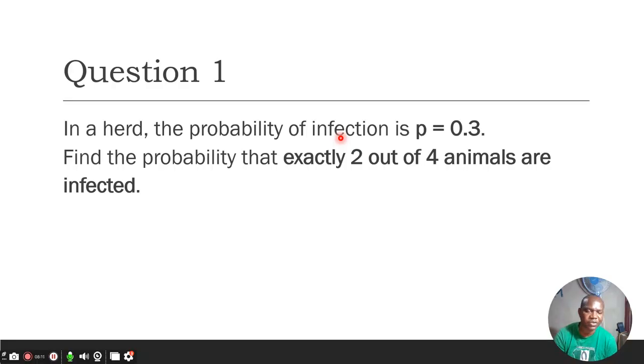That is the success we are talking about. Recall I mentioned that success in terms of binomial distribution does not necessarily indicate a pleasant outcome, but a desirable outcome. So here we have to find the probability that exactly 2 out of 4 animals are infected.